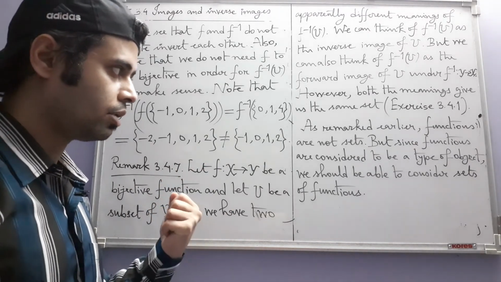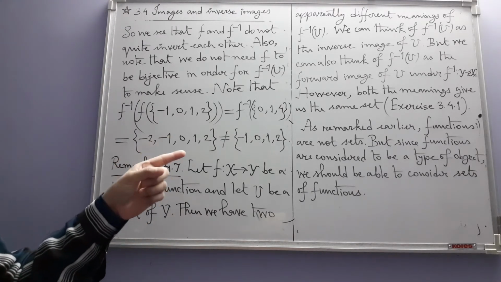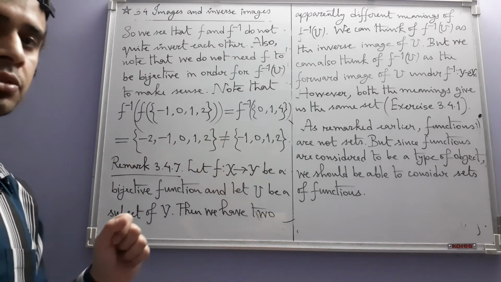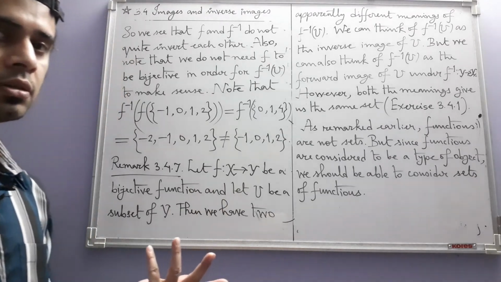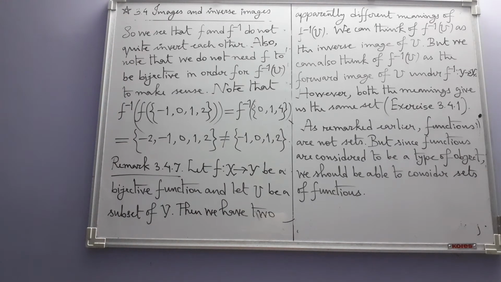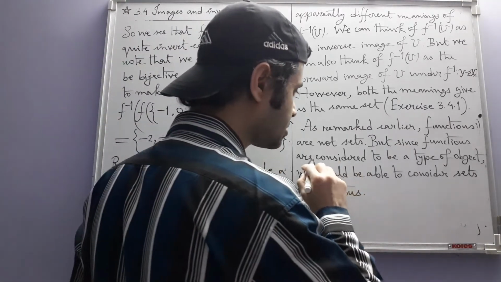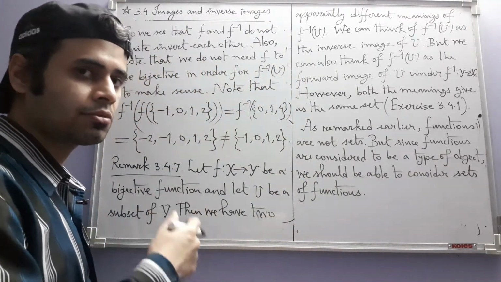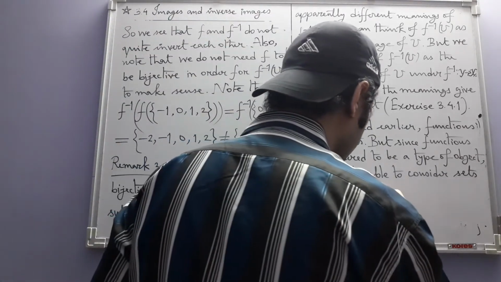Now, while introducing functions for the first time, we said that functions are also a type of object. So they can be elements of some set, and that's what we are going to consider now. Since they are considered to be a type of object, we should be able to consider sets of functions, sets whose elements are functions.